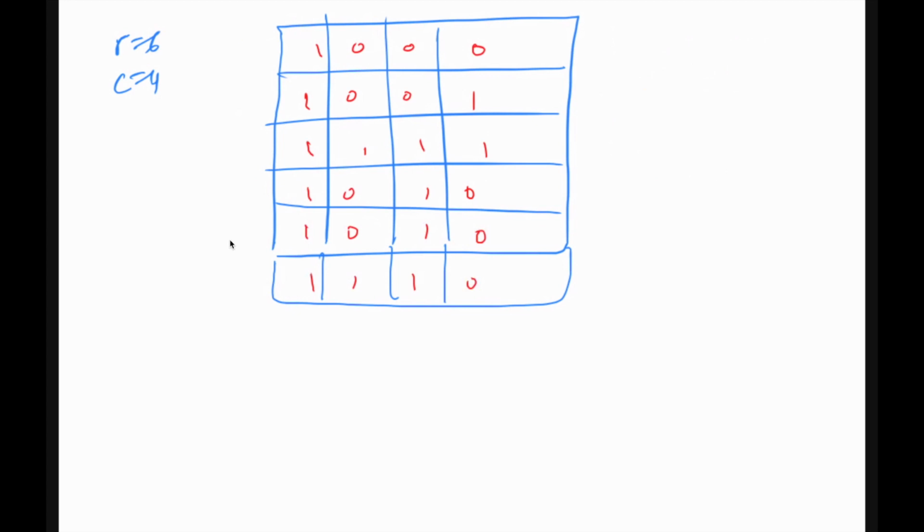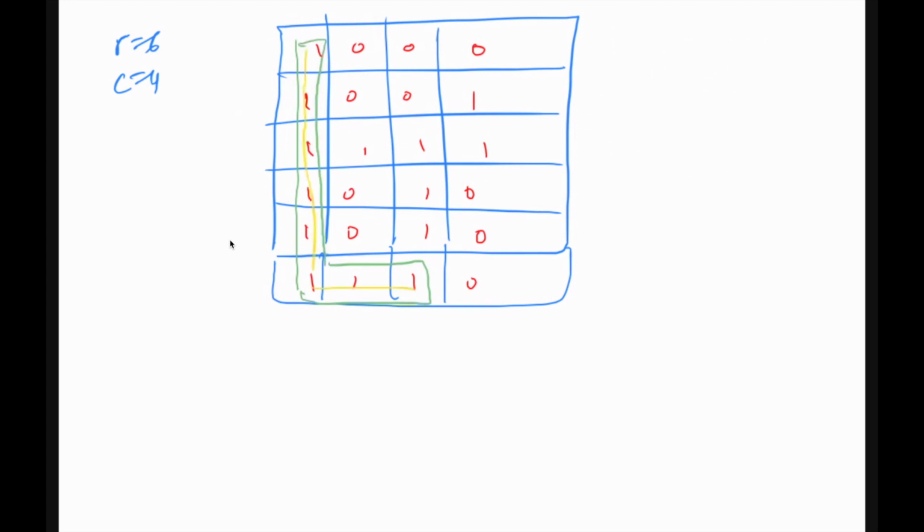So these are the values of the given matrix, and we have to find the total number of valid L shapes here. Let's say we take this L here. This is a valid L because the shorter segment's length is 3 and the larger segment's length is 6, so that's valid.